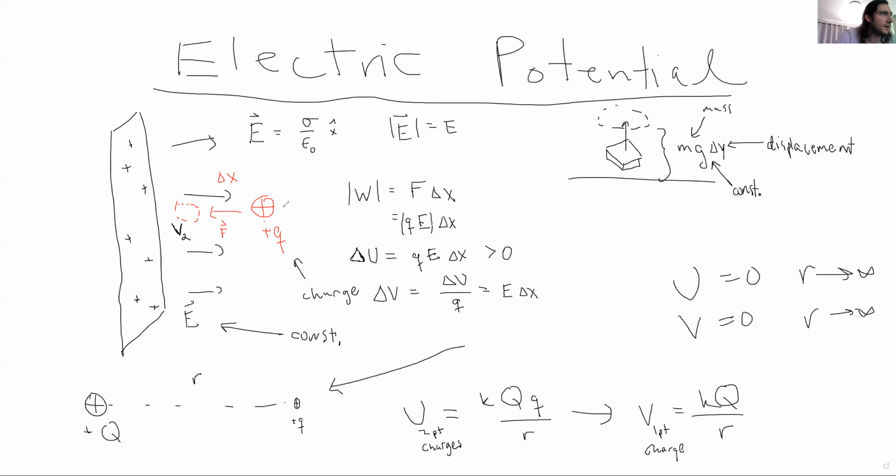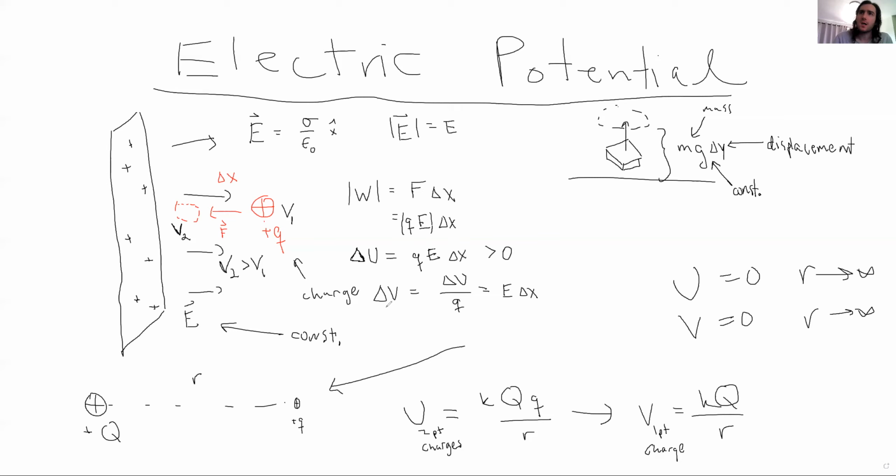If we call this one V1 and this one over here V2, then V2 is bigger than V1. The potential at V2 is bigger than the potential at V1. We could rewrite this delta V as V2 minus V1 and so forth.